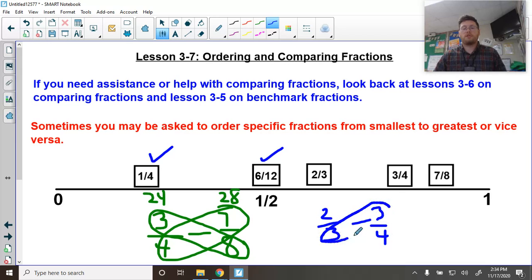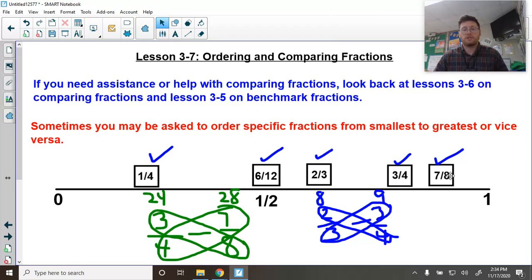I'm going to cross multiply, butterfly method. 2 times 4 is 8. 3 times 3 is 9. So which one's larger? 3/4. So 3/4 needs to be closer to the 1 whole than the 2/3. So that one is correct. And we've already figured out that 3/4 and 7/8 are in the right spot. So we are actually done with that number line and those fractions.